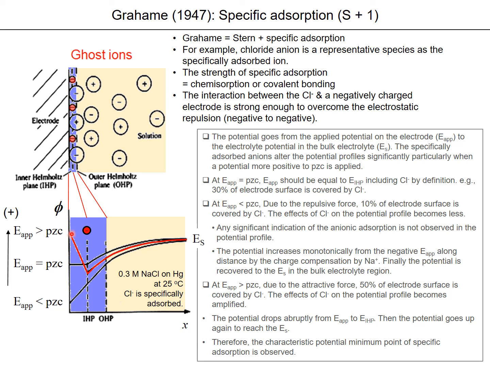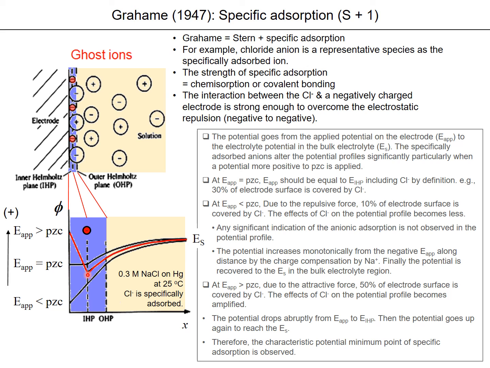Then the potential drops abruptly from EF to the potential at inner Helmholtz plane of chloride minus anions. Then potential goes up again to reach the solution potential. Therefore, the characteristic potential minimum point here of specific adsorption is observed.